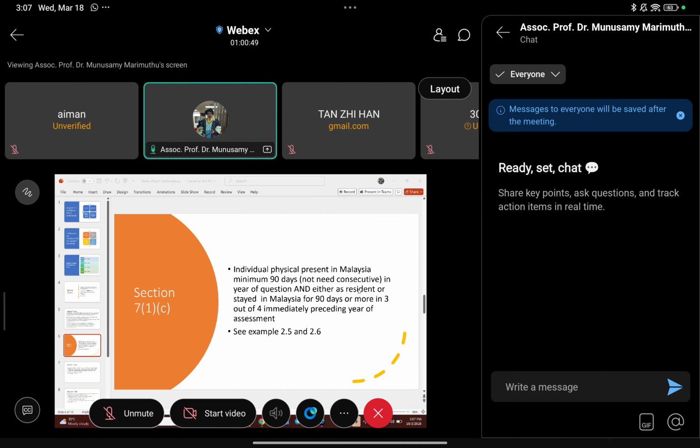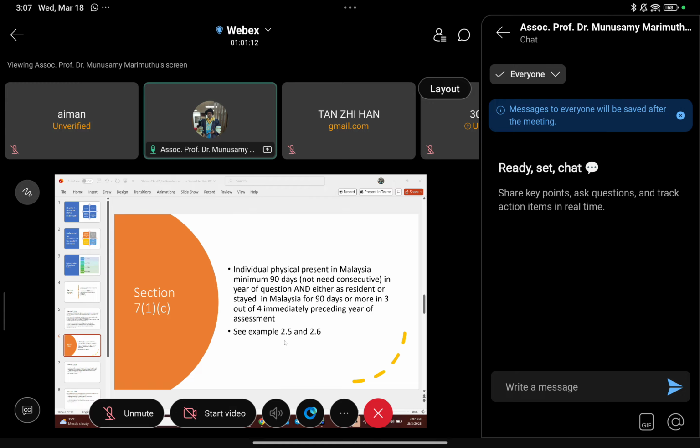Either as a resident, meaning SEN 1A, SEN 1B, SEN 1C, whatever, or 90 days, for 3 out of the 4 immediately preceding years. Then he will become the resident.